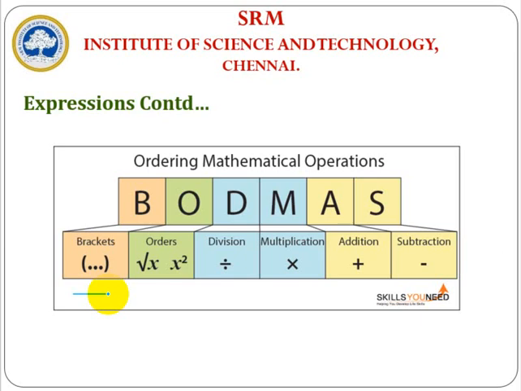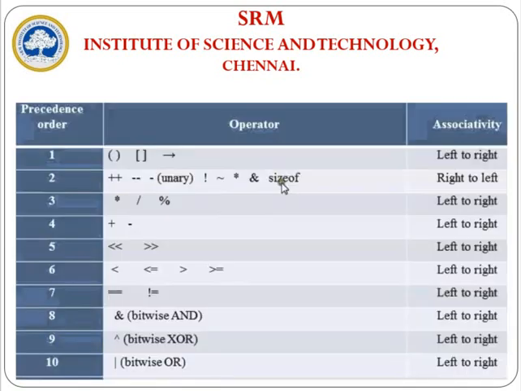This order, BODMAS, gives the order in which we need to execute. We generally use this in mathematics, and the same is applied in any language. Fine. Now we will move on to the precedence order.